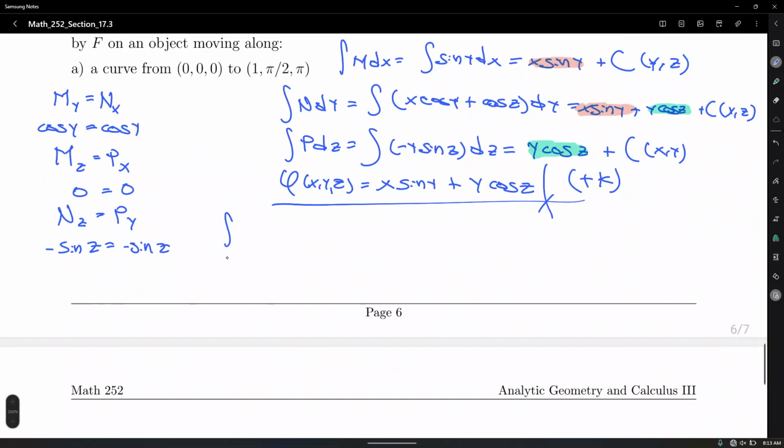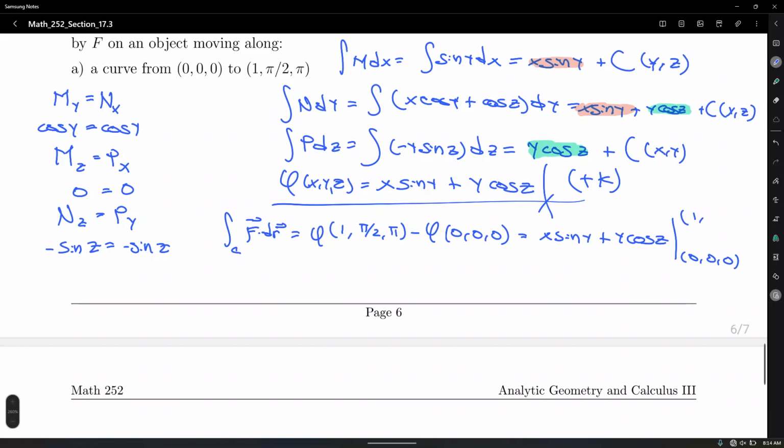That is the integral along C of F dotted with dr. That's phi of the upper limit, 1, pi over 2, pi, minus phi of 0, 0, 0. So this will be the function we just found, x sine y plus y cosine z, from the origin 0, 0, 0 to the point 1, pi over 2, pi.